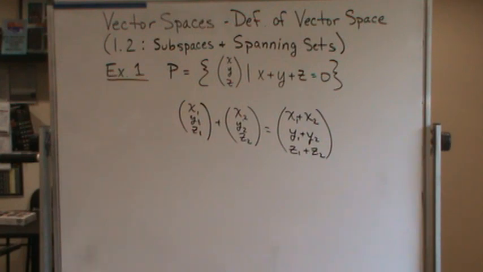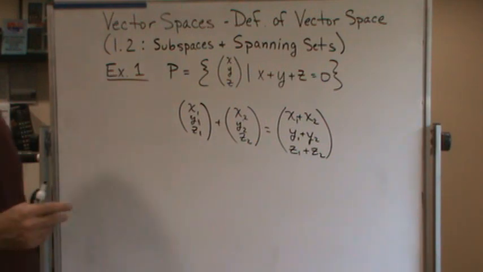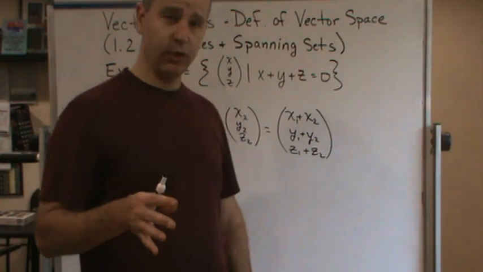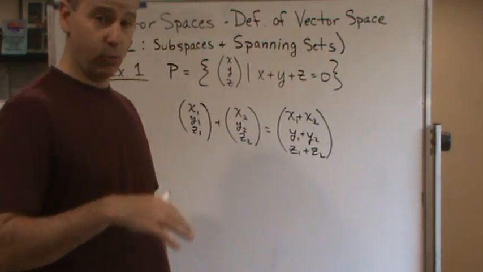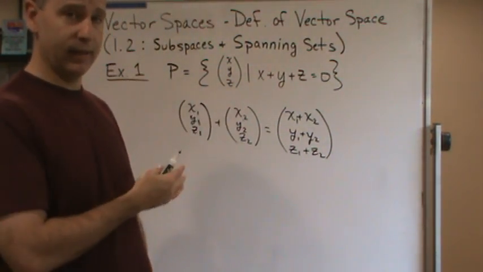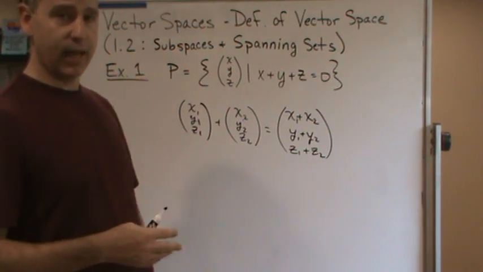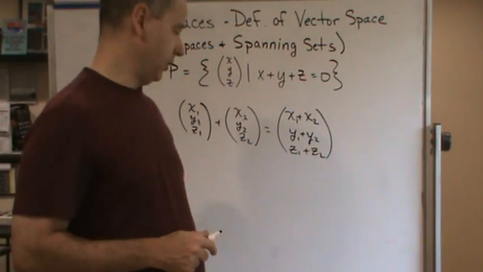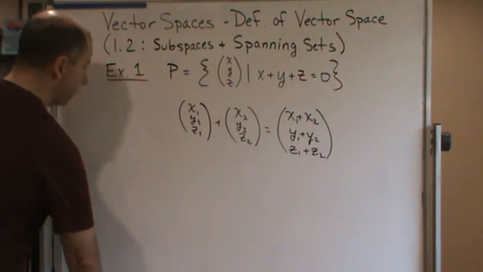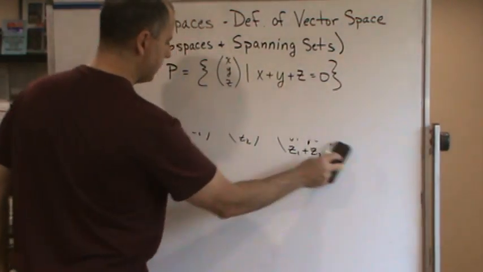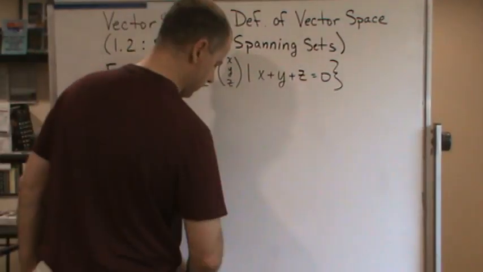All we need to do is verify the 10 conditions. Now, we're not going to check all 10 conditions. We're just going to show the closure ones. But I recommend that you, for practice, go through all the 10 and prove to yourself that it does satisfy all 10 conditions. Okay? Let's just show the closure ones.